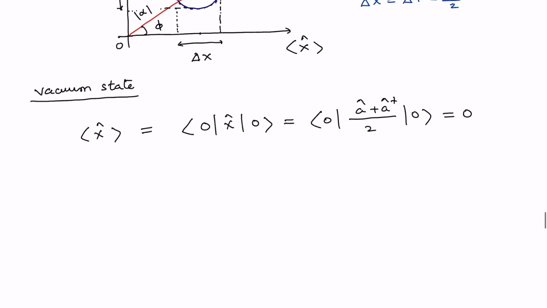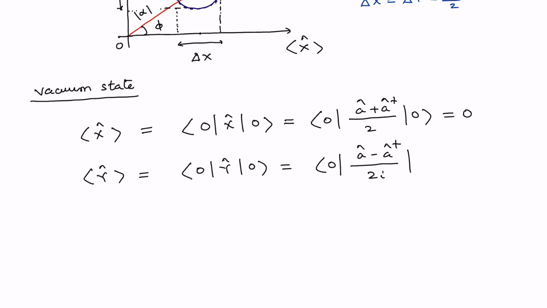And similarly, the expectation value of quadrature operator y is again going to give you 0, because quadrature operator y is defined as a minus a dagger divided by 2i.